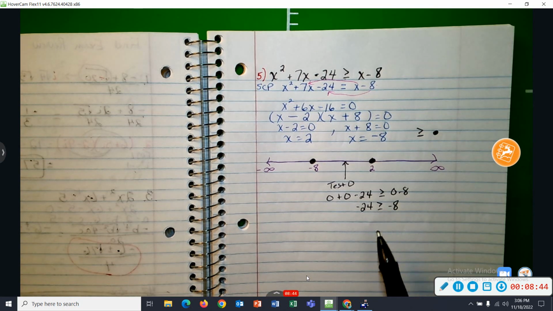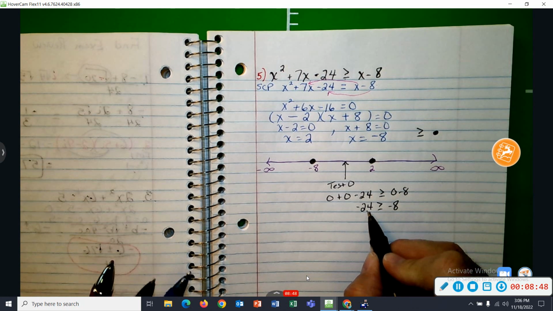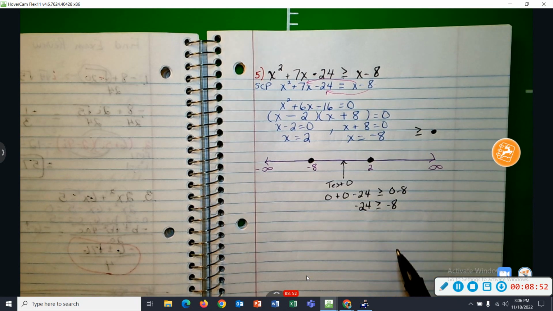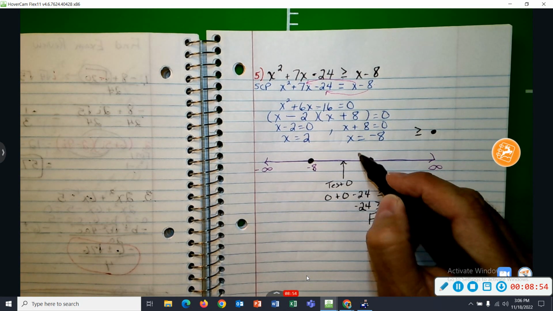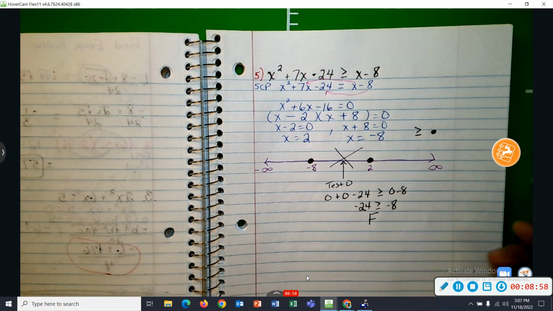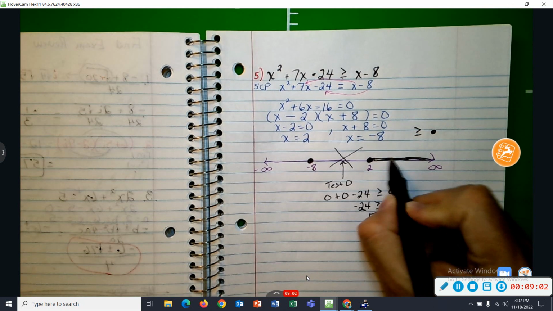Don't say true. This is false. Remember, the more negative it is... looks like I just put a decimal point there, so let me fix that. So false. Negative 8 is bigger than negative 24. You'd rather have negative $8 in your bank account than negative 24.